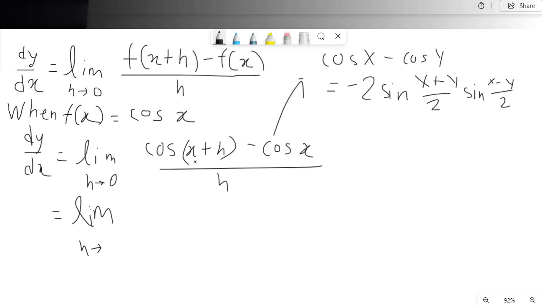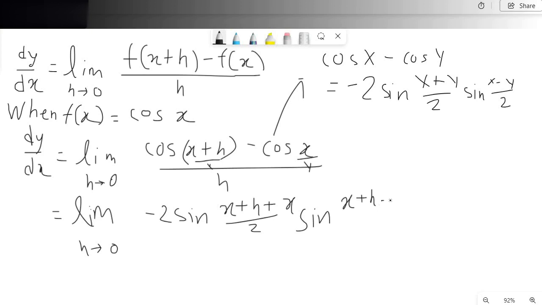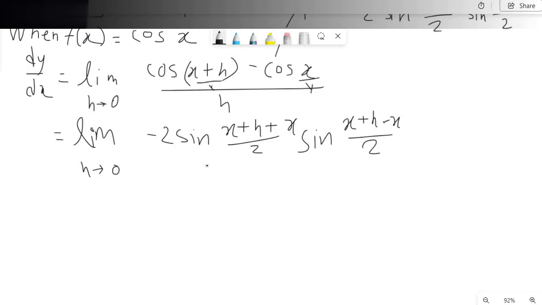So here we assume that x + h is x and x becomes y, so we have minus 2 sin((x + h + x)/2) multiplied with sin((x + h − x)/2), and then whole divided by h.